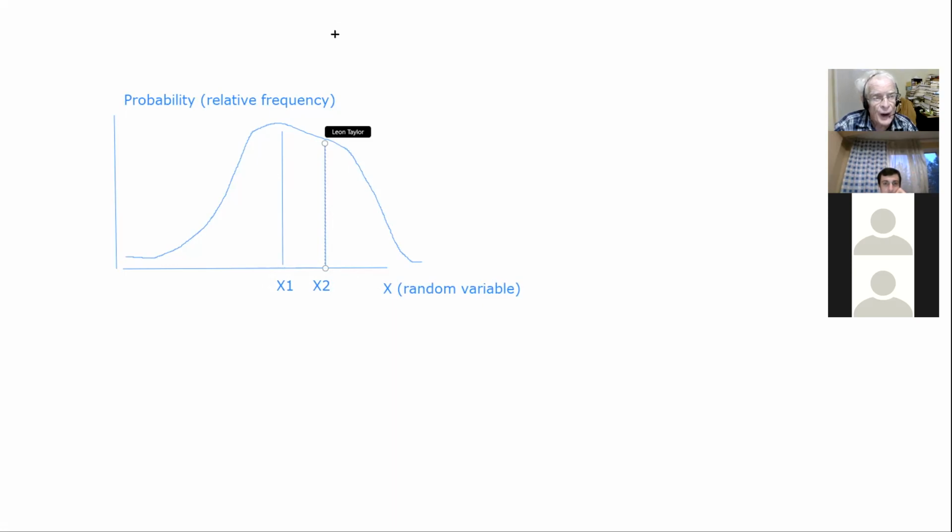The area right here, the area here is the probability that our value of x will fall between x1 and x2.